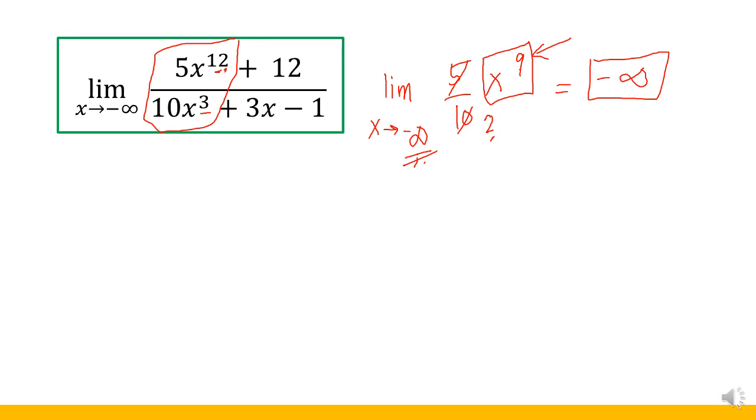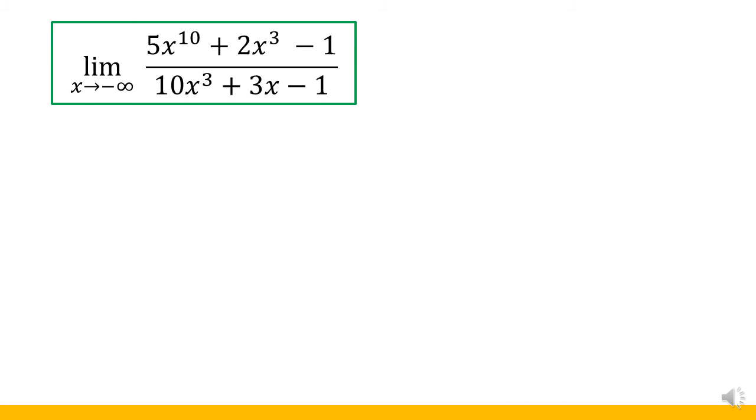So, a difference with this example. We are given this one. This time our exponent is 10. Again we have 5 over 10. We make use of the leading terms. 5 over 10, then x to the 10 minus 3, which is 7.